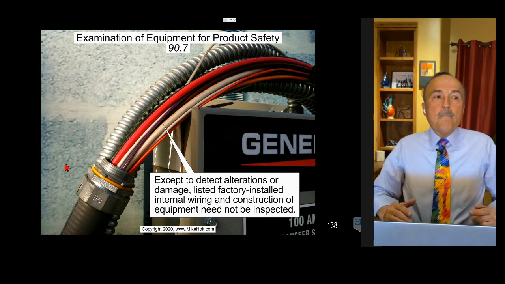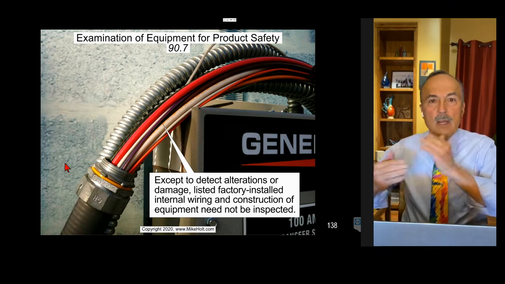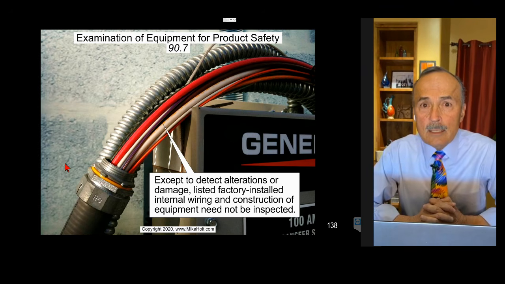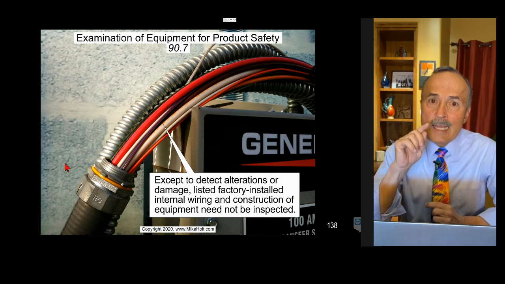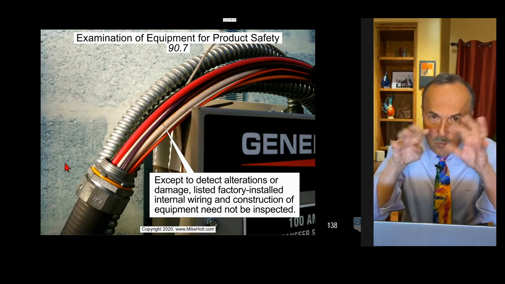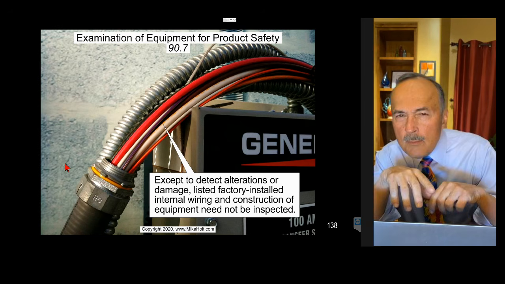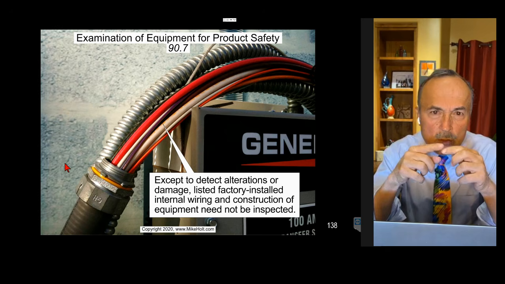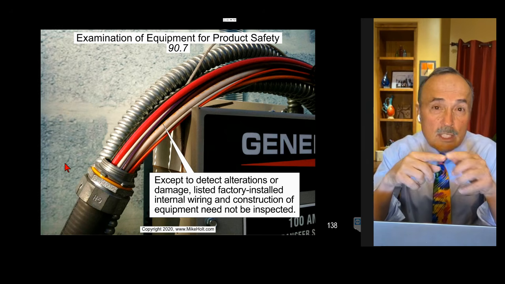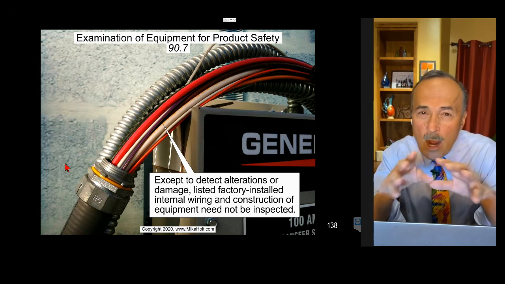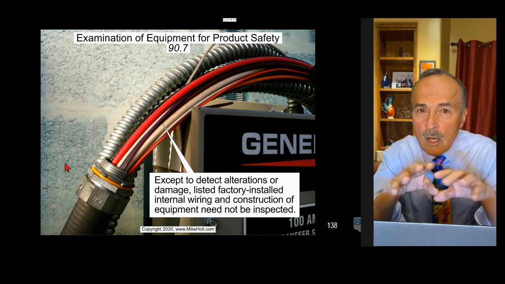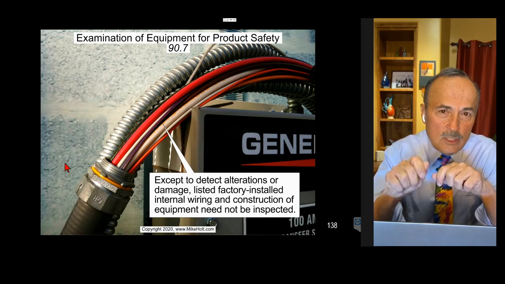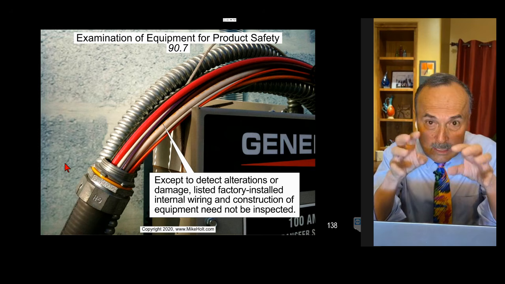In other words, if you have a listed product, the inspector is not supposed to be going inside the wiring of a listed product and saying, wait a minute now, is that wire spacing from the plug to the enclosure complying with 312.6? Is that wire size right? Is that the right color to use? Are you using the grounding fittings? The inspector does not get internal wiring.